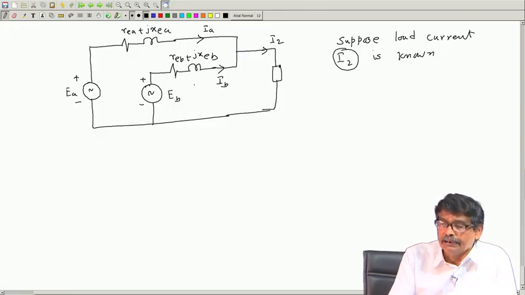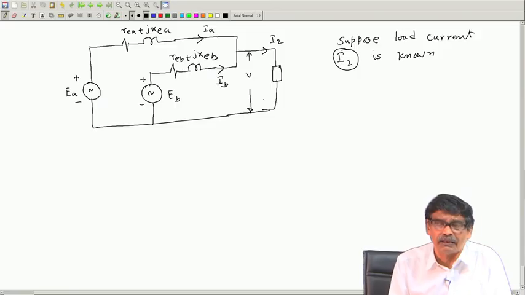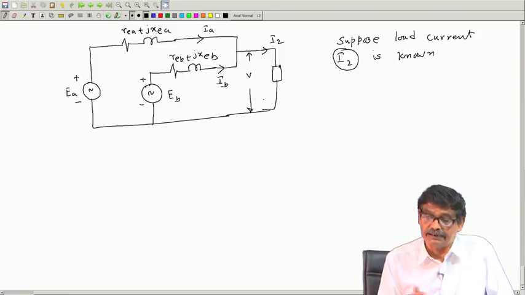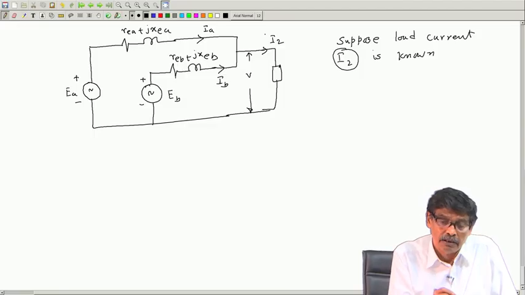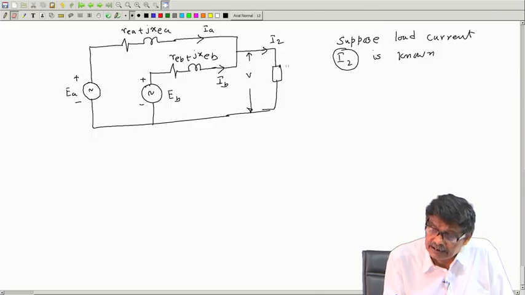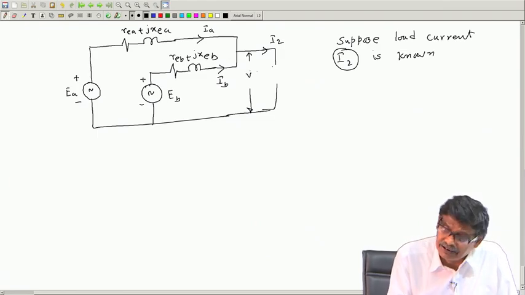There are several ways you can calculate it, and this voltage is V. You can apply the nodal method to calculate the current. But the nice way of calculating it is this: since I2 is known, you can think that this impedance can be removed and replaced by a current source.